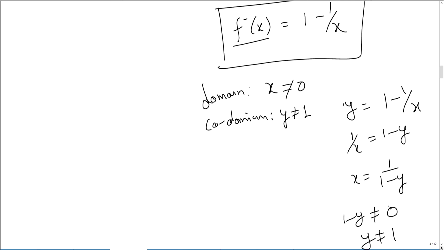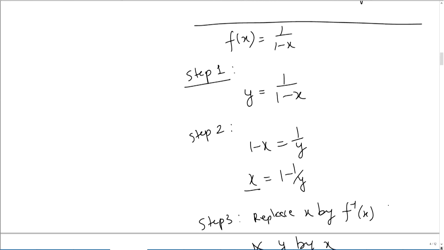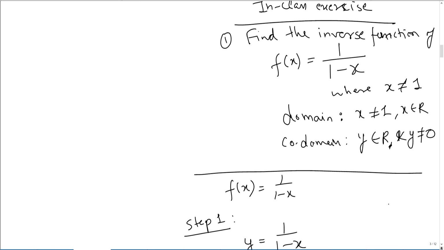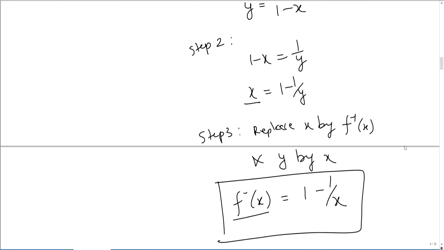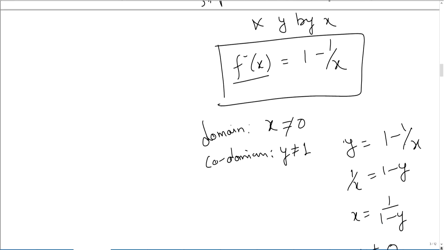What does this imply? See, an interesting thing happened here. For our original function 1 divided by 1 minus x, the domain was such that x cannot be equal to 1 and y cannot be equal to 0. Now, in our inverse function, the opposite thing happens: x cannot be equal to 0 and y cannot be equal to 1. What does this mean?